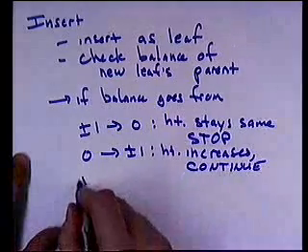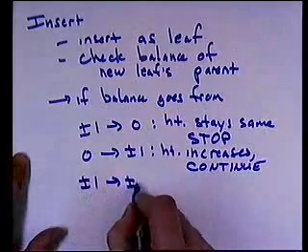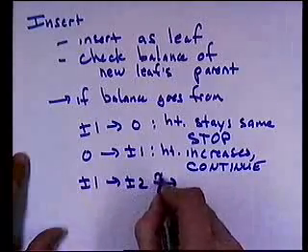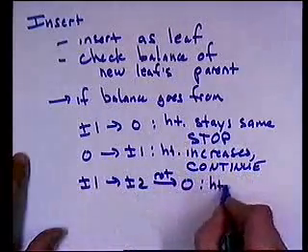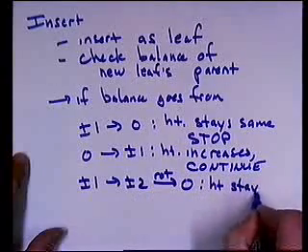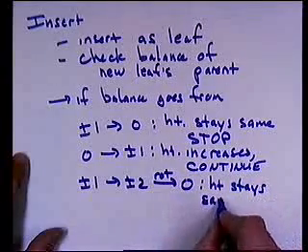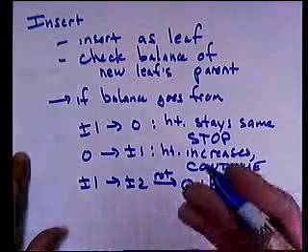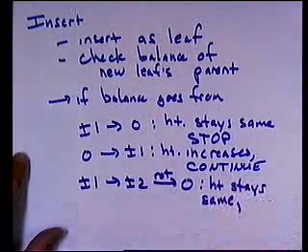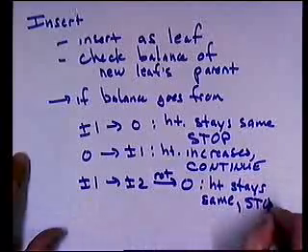And if you go from ±1 to ±2, then you would do a rotation that brings you down to 0, and so as we've just discussed, the height stays the same. It doesn't really stay the same, but it increases because of your insertion, and then decreases because of the rotation, so it ends up the same, and then you can stop.